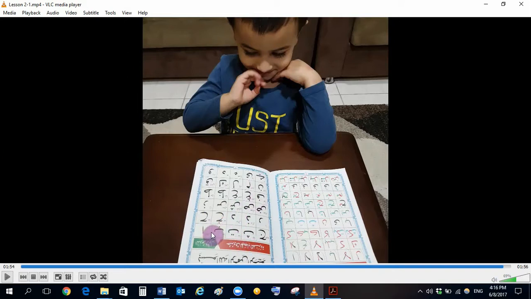Now, like in this case, Fadi is eligible to go into the second lesson, which we will do inshallah now, and I will show you how to enter this lesson and start this lesson. It's a completely new thing for Fadi, and he never read it before, so we will see how he will try to recognize the letters in the coming video.